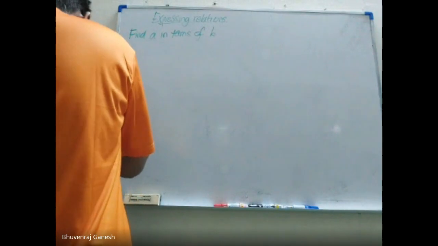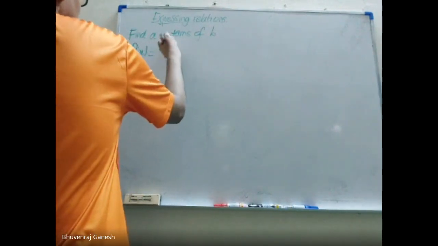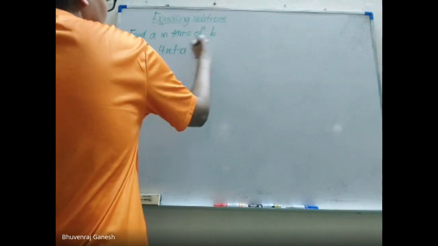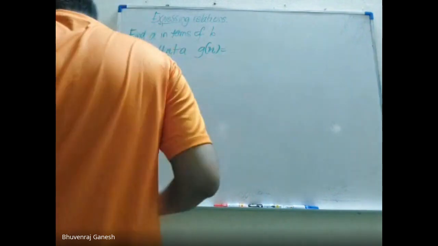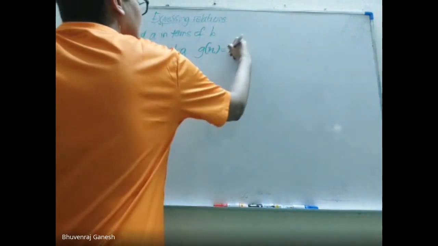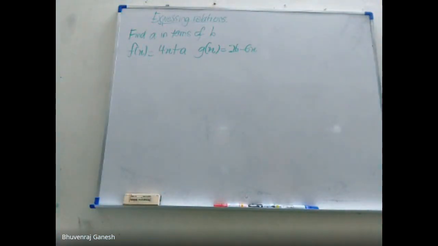So let's say I have a function f(x) is 4x plus a and g(x) is 2b minus 6x. So we can continue from here. So how are you going to express it?